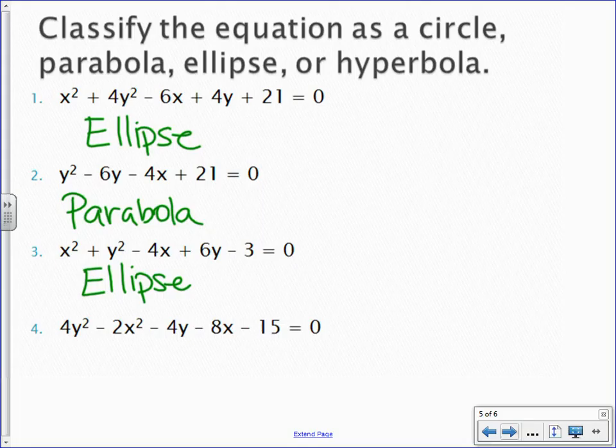Because there's -3. And what does that have to do with our ellipse? So that means that when we complete the square, we can probably change some variable. Okay, this is true. But that would happen in number 1 as well, wouldn't it? Okay.